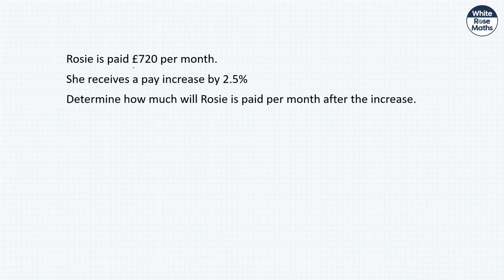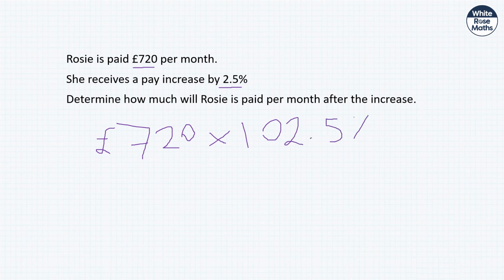So I'm going to multiply this essentially by 102.5%, because it's an increase. Now, rather than write it as a percentage, I'm going to multiply it by a decimal multiplier. So I'm going to multiply it by 1.025.